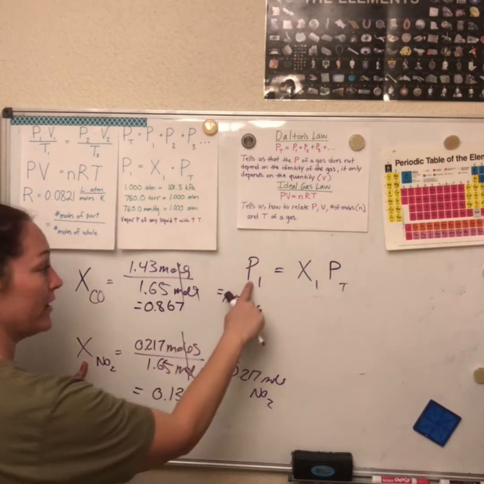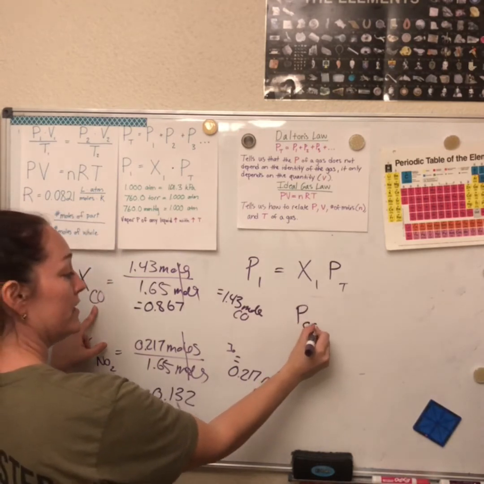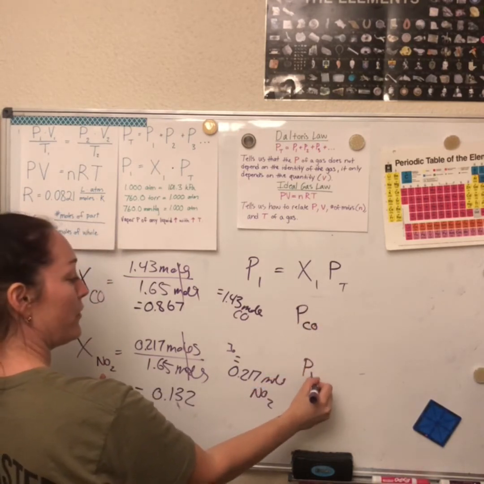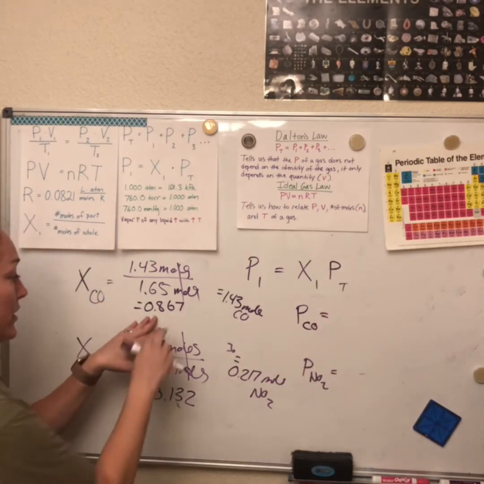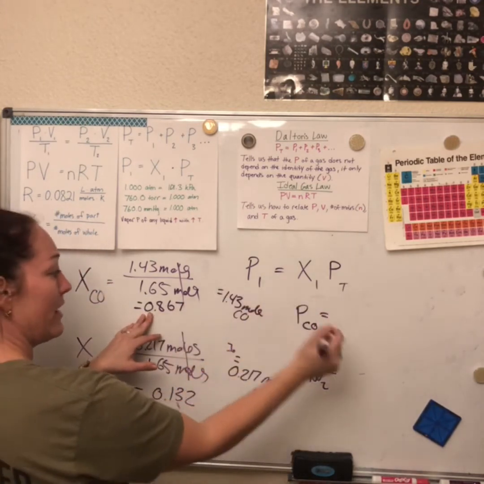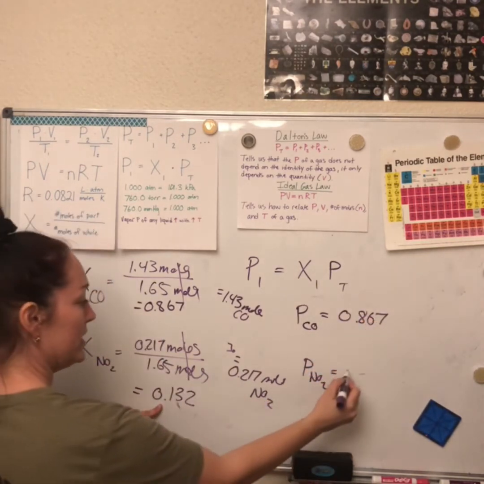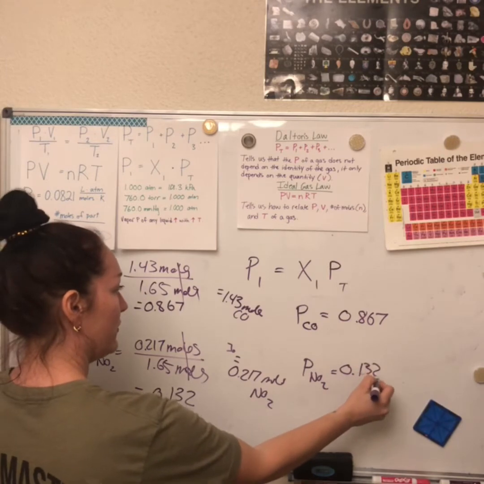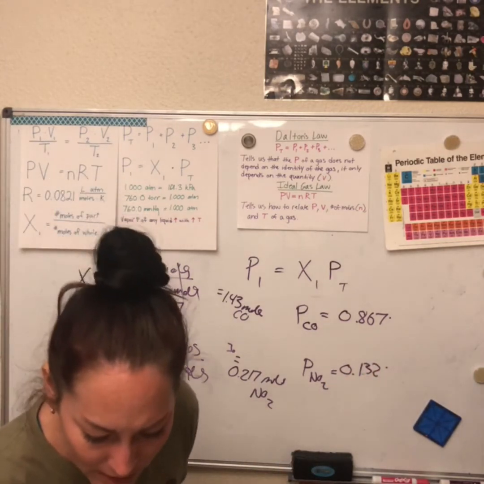So over here, I'm going to say, okay, I need the partial pressure for this, the partial pressure for this, keeping them the same. So let's take this, we know this number now, that's 0.867, and we know this one is 0.132. And we just need to multiply it by the pressure total, which I think they gave us.